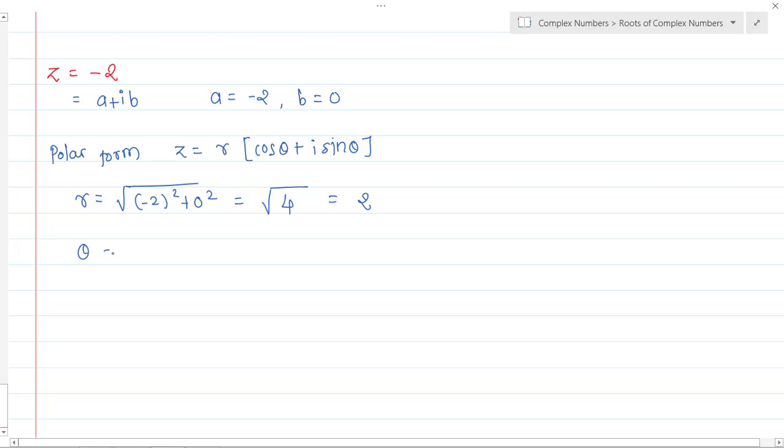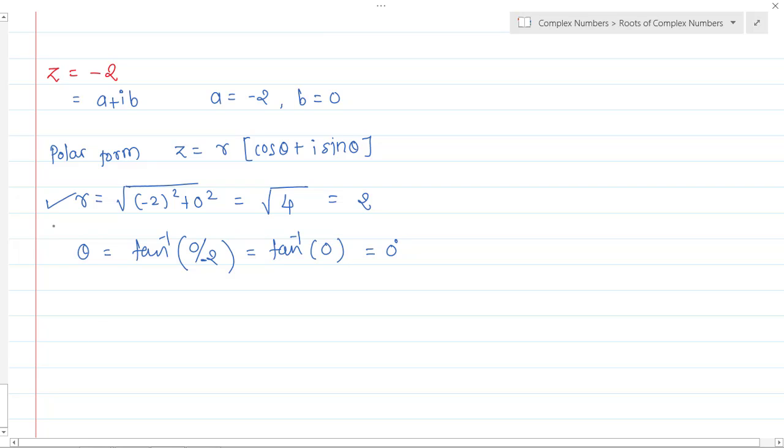What is theta? It is tan inverse of b by a. b is 0, a is -2. 0 divided by anything is always 0. So at which angle do you get tan as 0? How much is theta? 0. It's 0 only. So it's 0 degree.